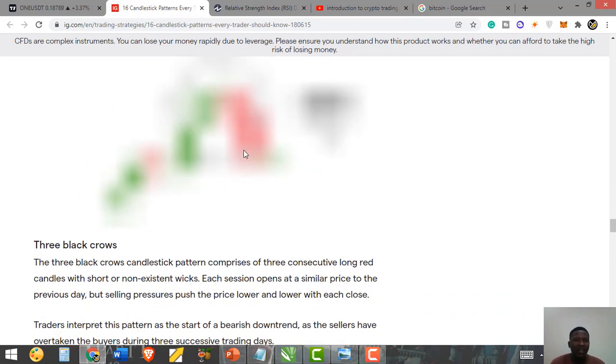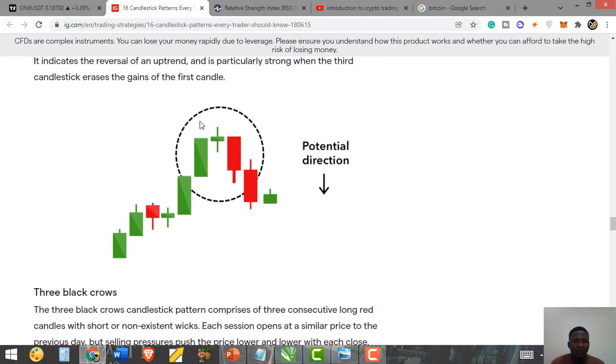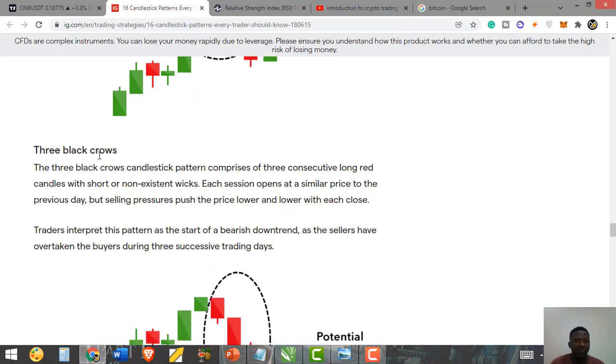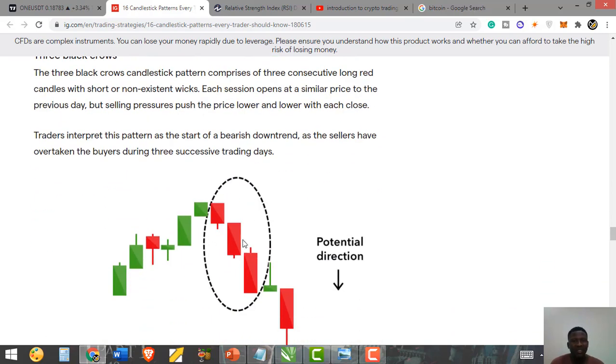We have evening star. You can see it here. This evening star, the direction is down. So whenever you see this kind of formation of candlesticks on your chart, there is a possible decline in price. Then we have three black crows. This is it.